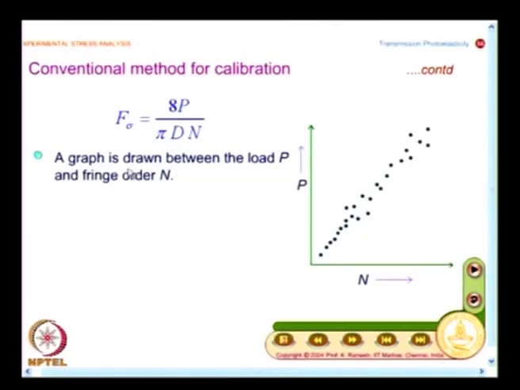What we have now is a graph plotted between p and n, and I have shown many data points. In practice, you may not do so many experiments, you may use 7 or 8 experiments, and then you will get 7 or 8 data points. This is shown to illustrate what I can do with this data.